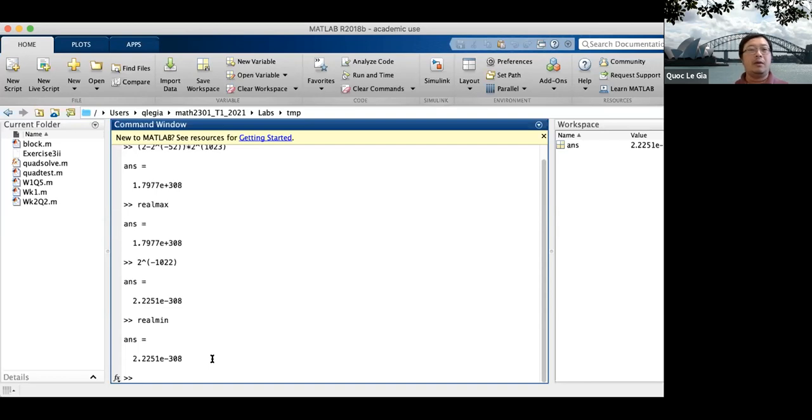Yes, because it is normalized, because the first bit is 1. If the first bit is 0, then you just have 0, and the exponent field has a reserved value. So when you put exponent equals 0 and fractional part equals 0, then you get 0, plus or minus 0.